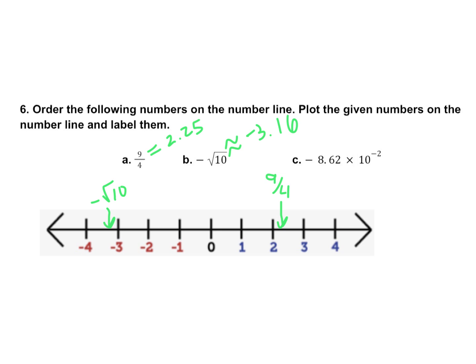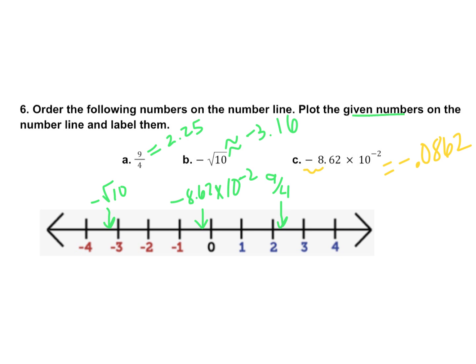So this decimal is going to go 2 positions to the left. So that's going to give me negative 0.0862. So that is a very small number. That is going to drop right here. And then I write the original value.